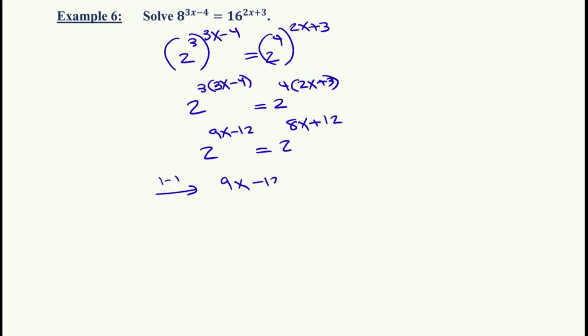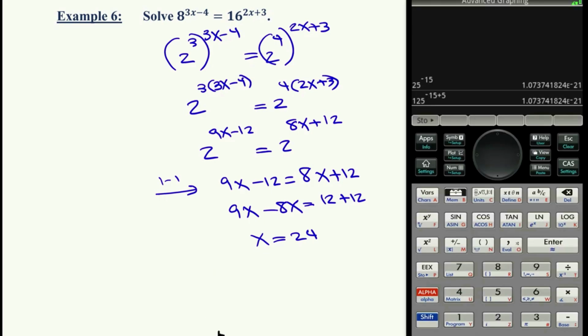So we get 9x minus 12 equals 8x plus 12. So if we move the x's to the left side, we get 9x minus 8x equals 12 plus 12. So we get x equals 24. All right. So let's go ahead and run a quick check on it, make sure that it works so that we didn't make any quick errors.